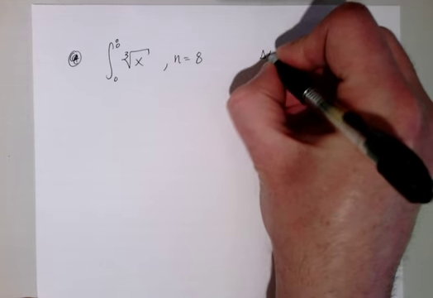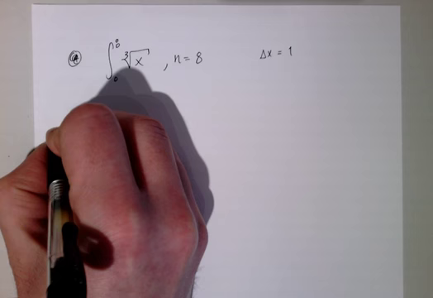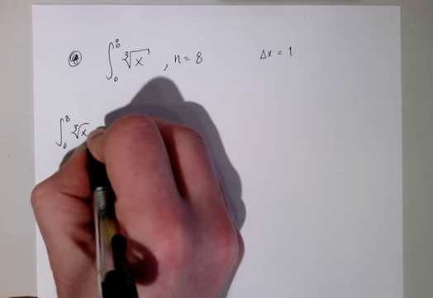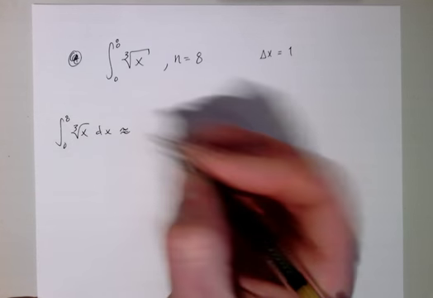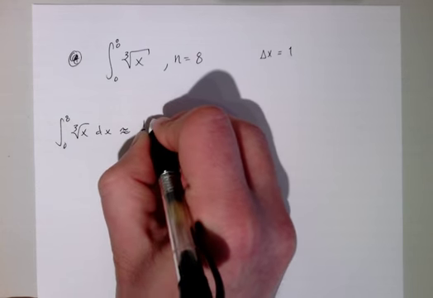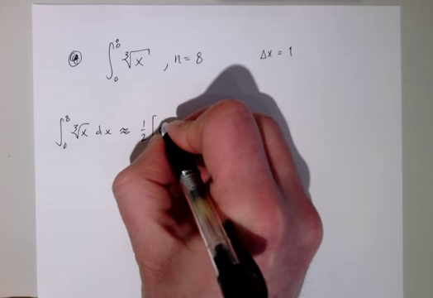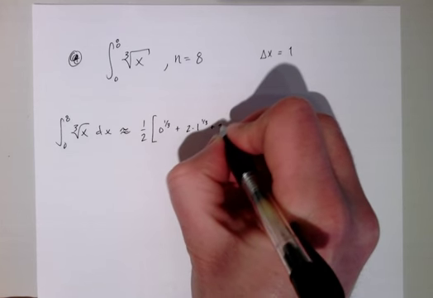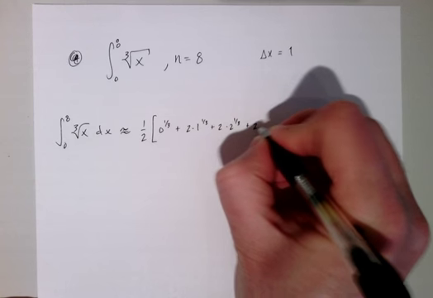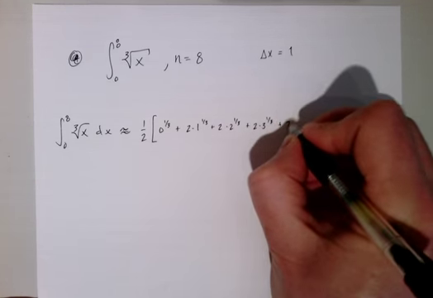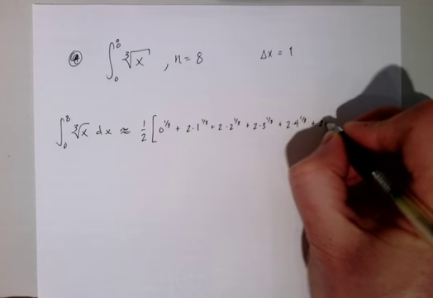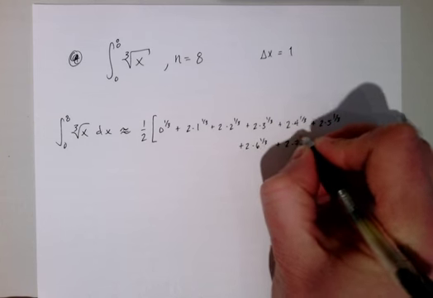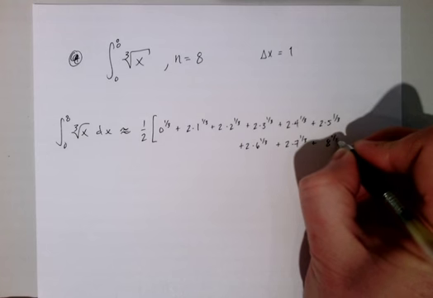I happen to know that my delta x is equal to 1, and therefore I know that my approximation is going to be approximately equal to 1/2, and that would be 0 to the 1/3 plus 2 times 1 to the 1/3 plus 2 times 2 to the 1/3 plus 2 times 3 to the 1/3 plus 2 times 4 to the 1/3 plus 2 times 5 to the 1/3 plus 2 times 6 to the 1/3 plus 2 times 7 to the 1/3 plus 8 to the 1/3.